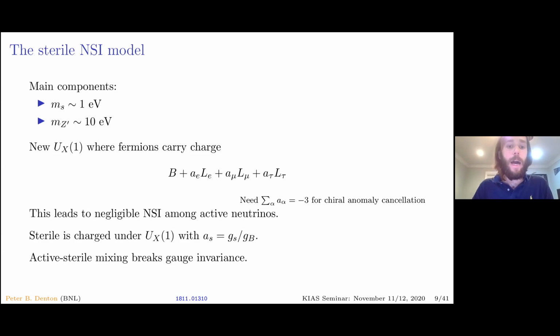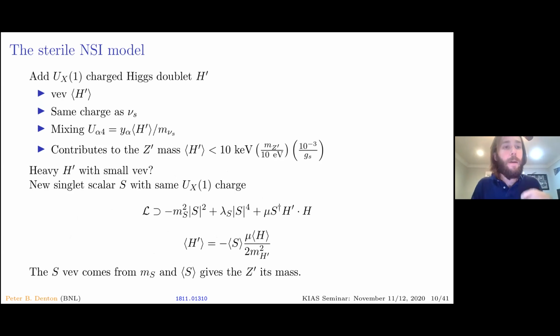Okay. Now, this active-sterile mixing, as you may be able to see, breaks gauge invariance, so that's a problem, that's bad. So to address that, what we do is we add in a Higgs doublet with this same U1 charge. It gets a VEV, but this VEV is going to contribute to the Z prime mass. And of course, we want the Z prime to be fairly light so we can get a fairly large NSI out of it.